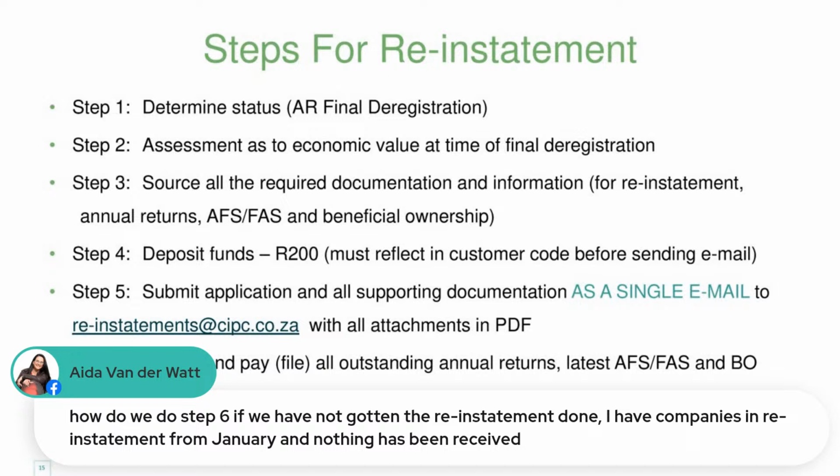How do we do it? Joel, will you take that question? Thank you, Shani. After the entity has been reinstated, there is a message that you'll get that it has been reinstated, and then you can file the annual returns. So when you file the annual returns, automatically the status will change from the reinstatement process to in business. Thank you, Shani.